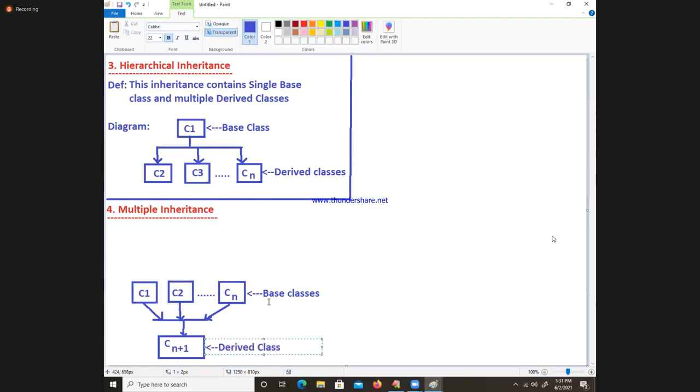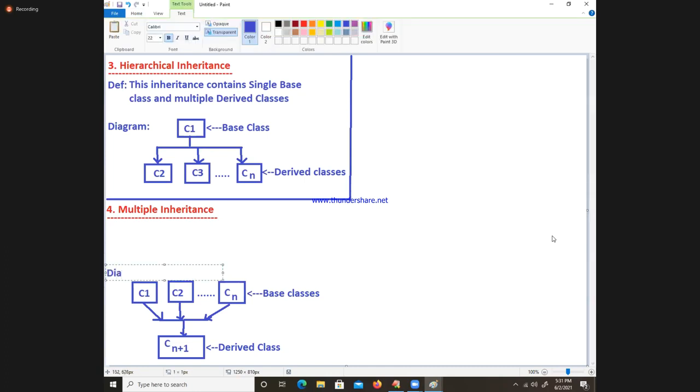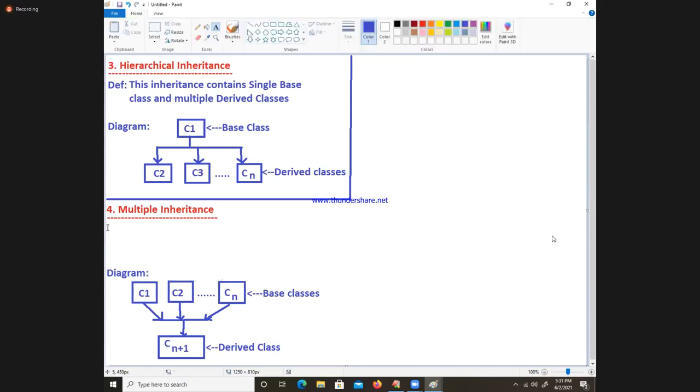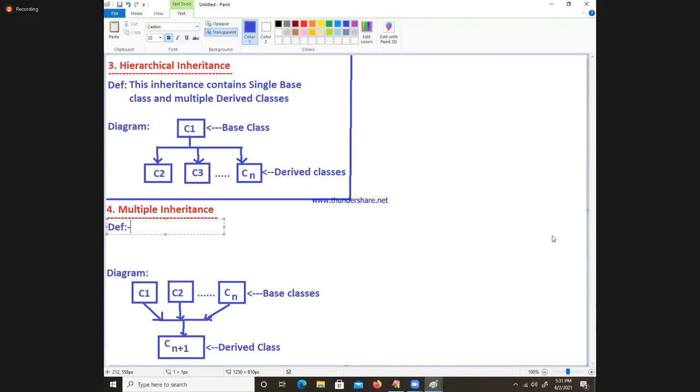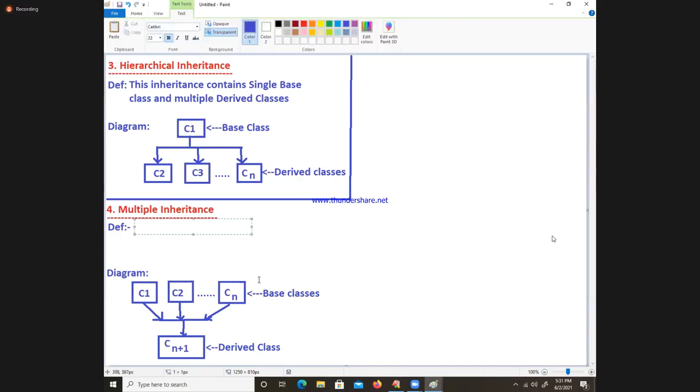This is called a diagrammatic format. So this diagram, I need to go for the definition. What is the definition? This inheritance contains all these things. I will tell you the beautiful examples. This inheritance contains what?